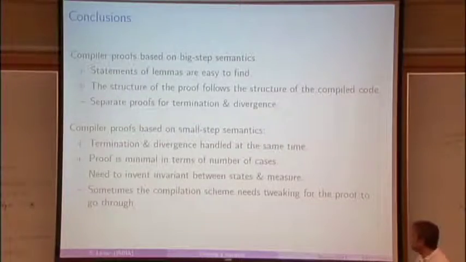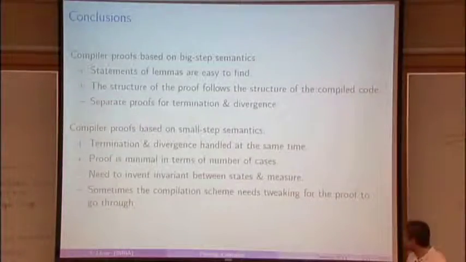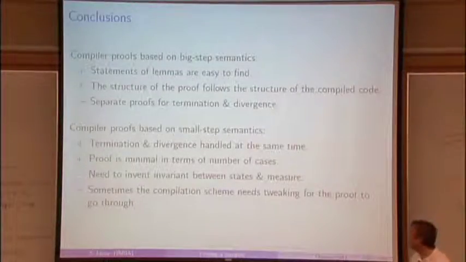And now if we use small step semantics, we have only one proof, just this simulation diagram that proves both termination and divergence. And in a way, the proof is minimal in terms of number of cases. Basically there's exactly one proof case per reduction rule and no more.